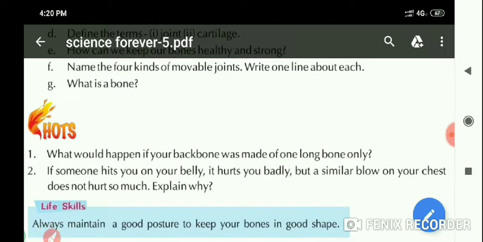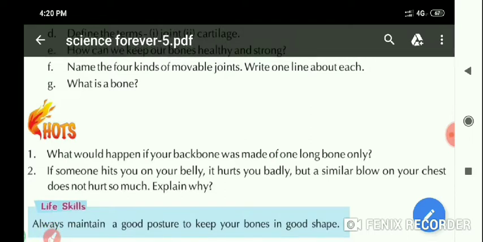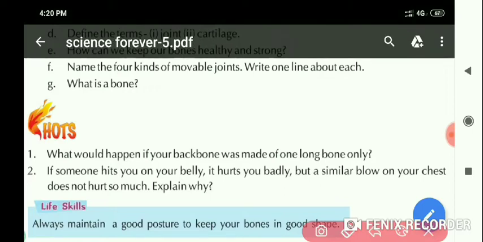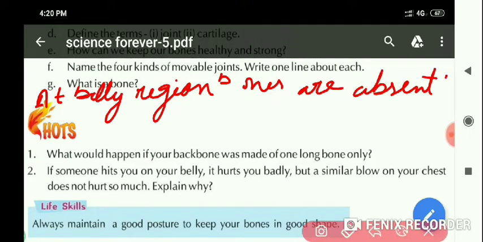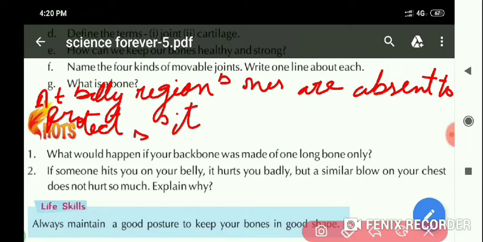So for this answer, write down at belly region, bones are absent to protect. So it hurts.